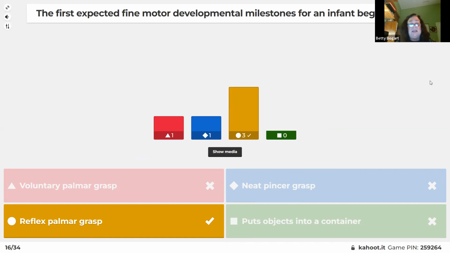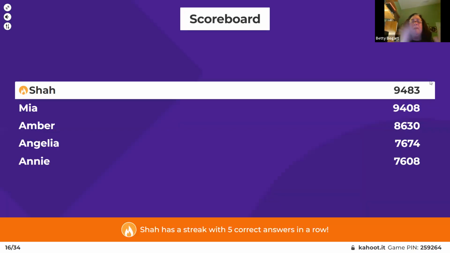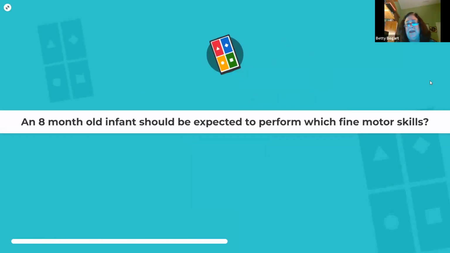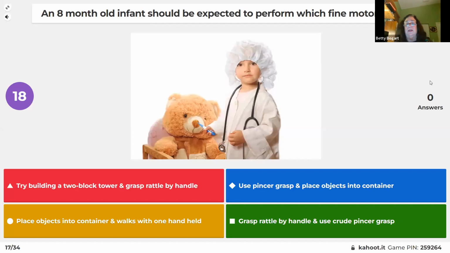Then it's voluntary palmar grasp. Then it goes into crude pincer, which is fingers, and then it's fine pincer. Then they're going to put stuff into a container and then build a block of two. By age of 1, you're going to see this in your reading. Part of fine motor, what a child should be able to do. An 8-month-old infant should be expected to perform which fine motor skills? Again, with their fingers, what do you think they should be able to do?